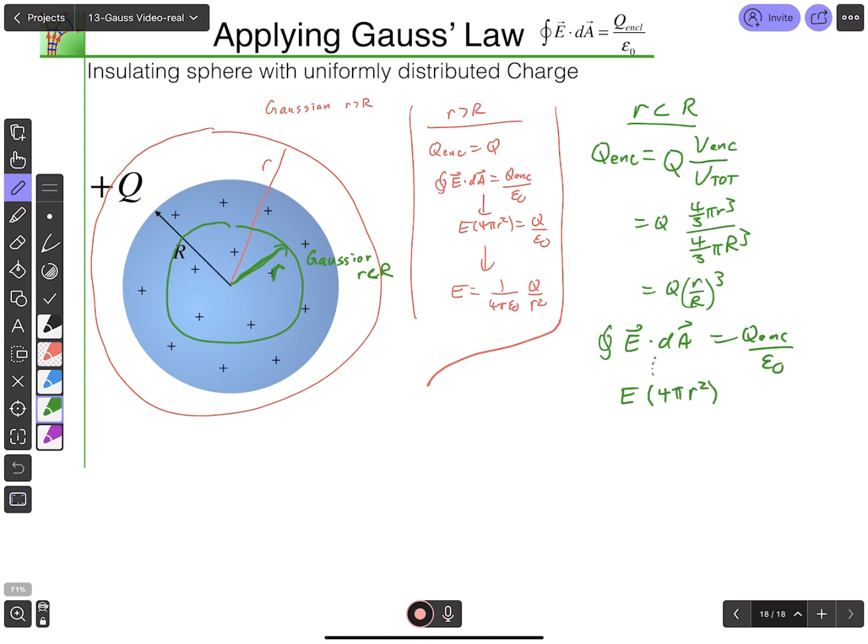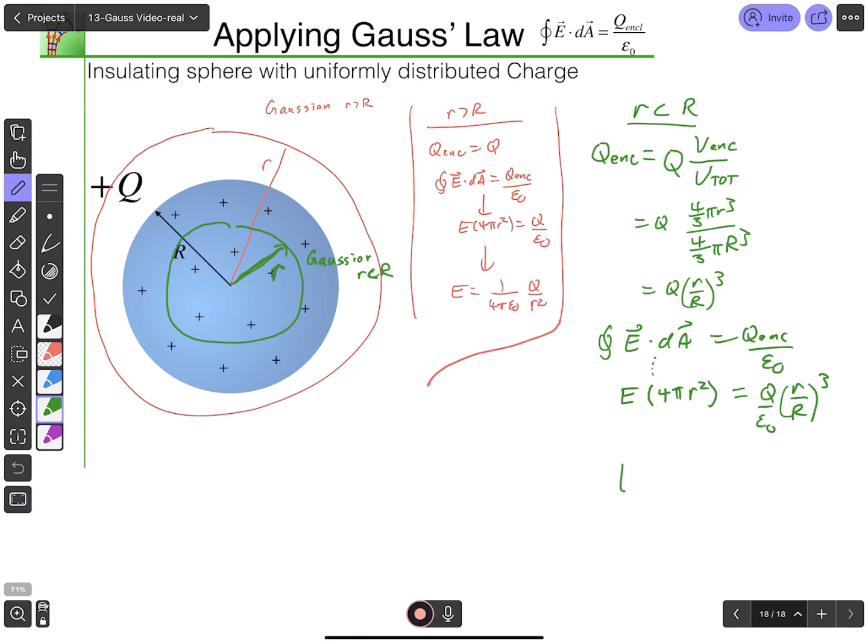The area is 4 pi r squared, because the electric field is constant everywhere along the surface. The area vector is parallel to that, so it's just E times A. Q enclosed is now Q r over R cubed, over epsilon naught.